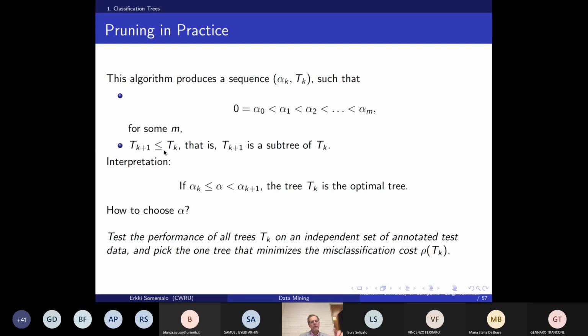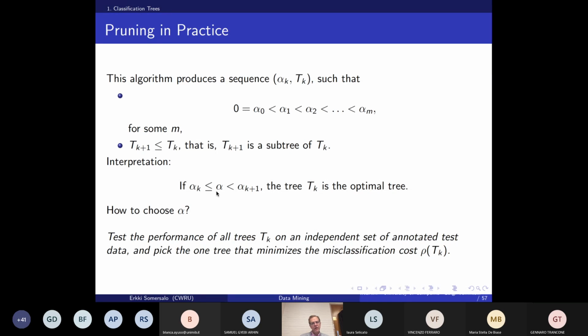So I'm creating a sequence of nested trees so that the new smaller tree is always a subtree of the bigger tree. And I'm interpreting this way that if alpha is between alpha k and alpha k plus 1, the tree tk is the optimal tree. Because if I make my alpha larger, then this tk stops being the optimal tree and tk plus 1 becomes the optimal tree.